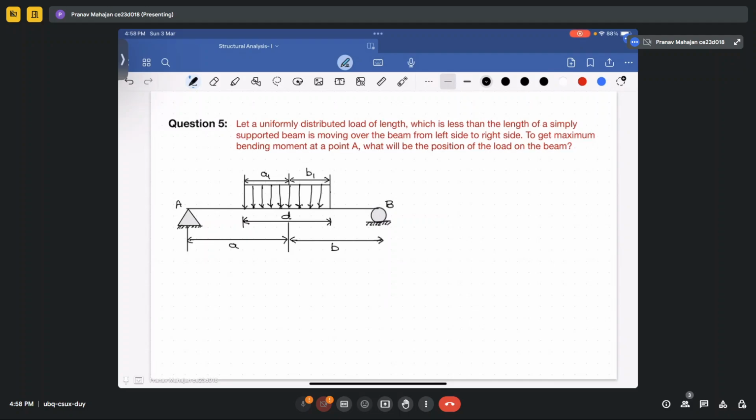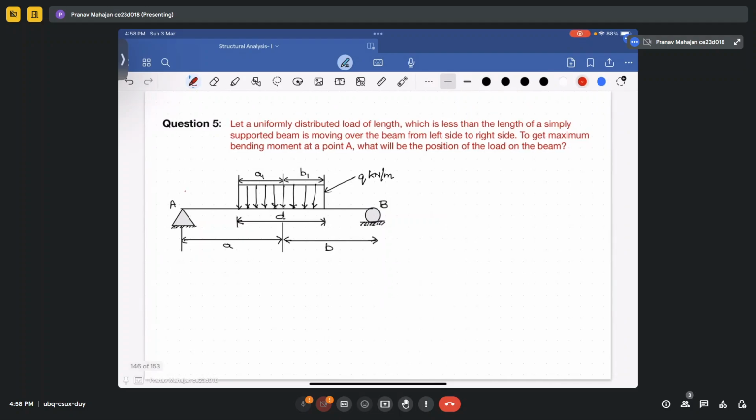Let this load be q kilonewton per meter. Now let this distance be x.